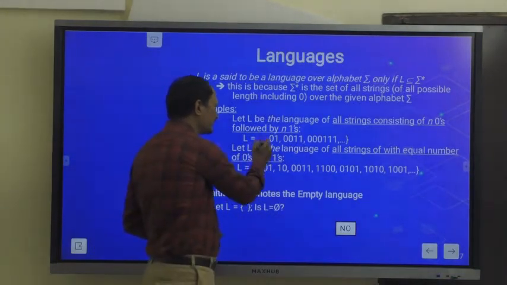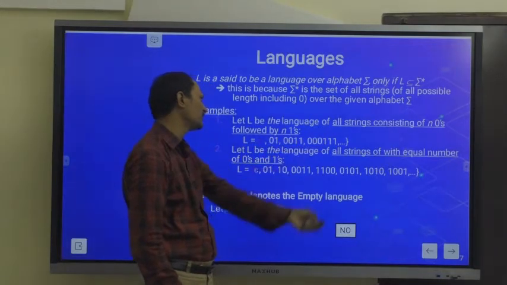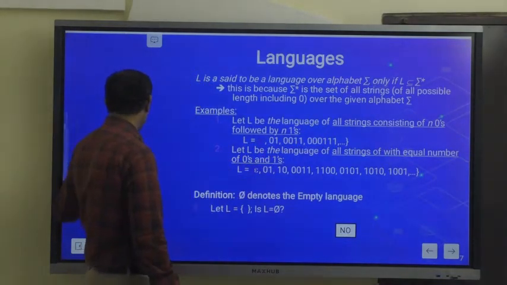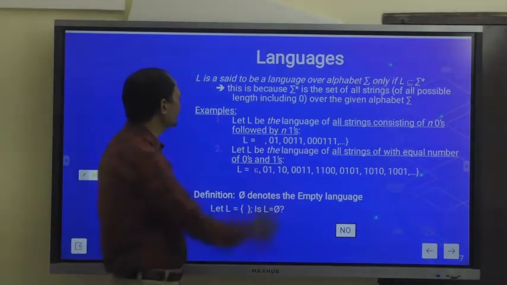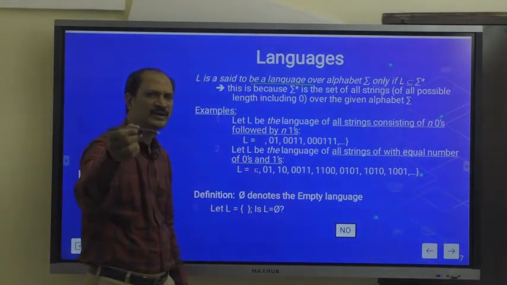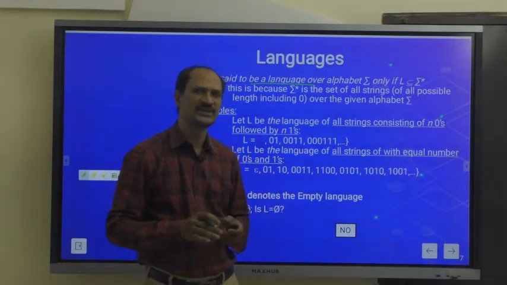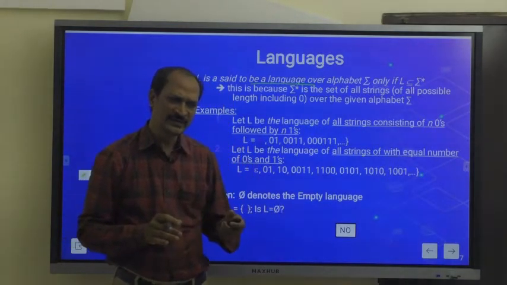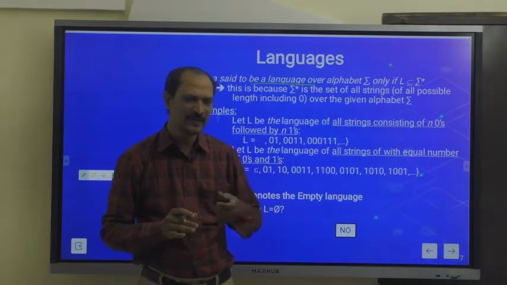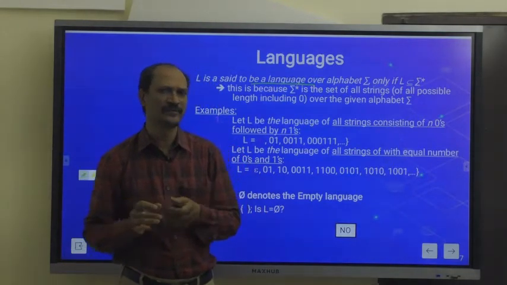Here we can see epsilon, 0, 1, 00, 11, 000, 111 and so on. Now let me explain this. L is said to be a language, L always represents a language. We follow certain standard conventions. The alphabet is represented by the letter sigma, whereas w always represents a string or a word.